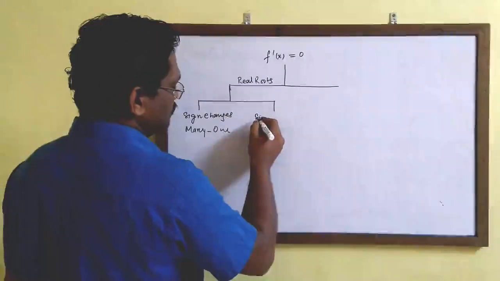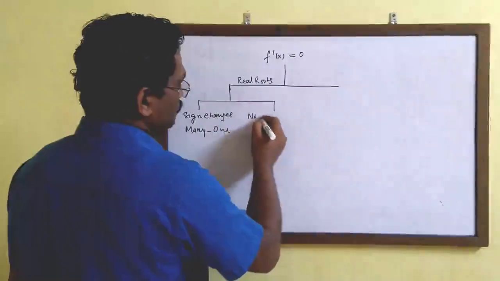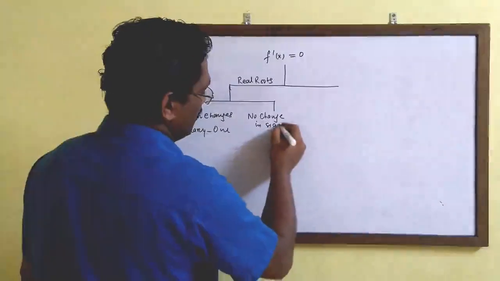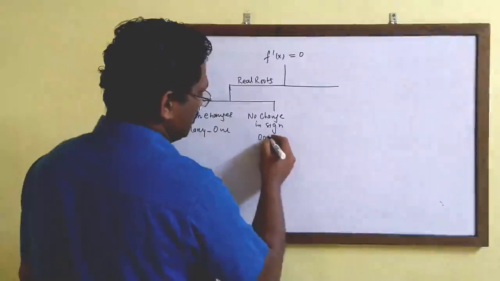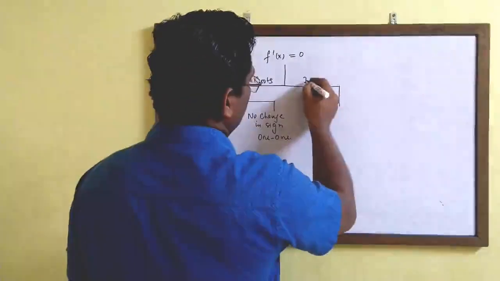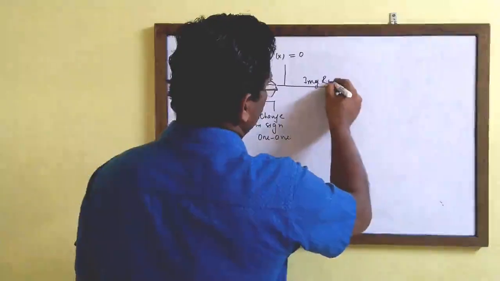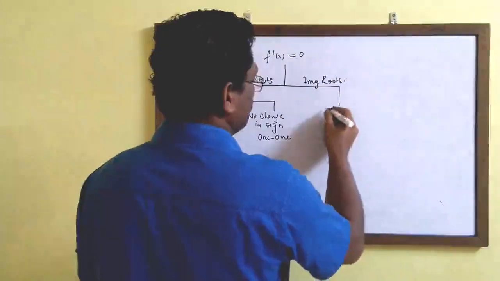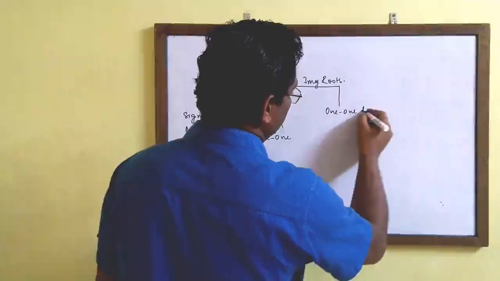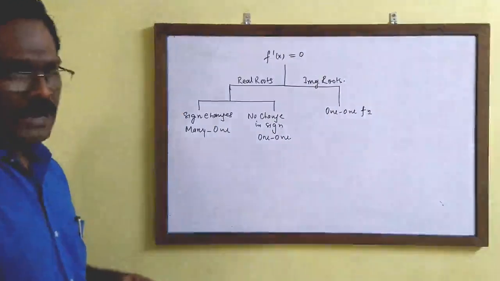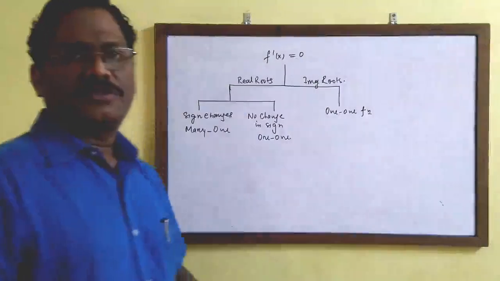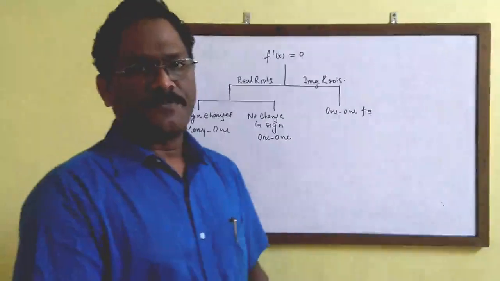If there is no change in sign across those roots, then straight away you will say it is a 1, 1 function. If it does not give you real roots, that means if it gives you imaginary roots, then you will say simply that this is a 1, 1 function. So in a compact way you can remember this and accordingly identify whether a function is 1, 1 or not.